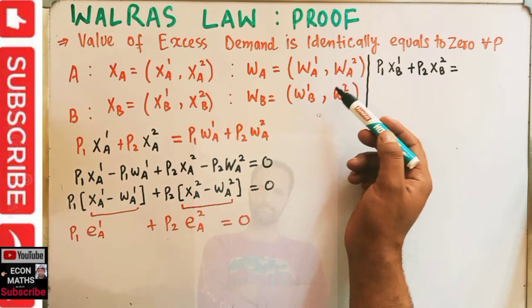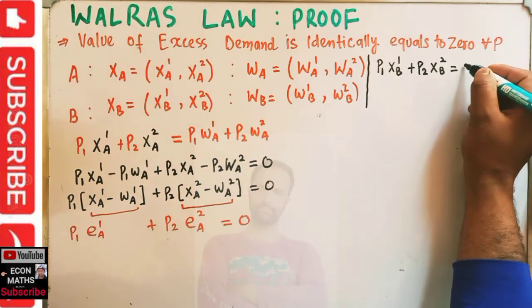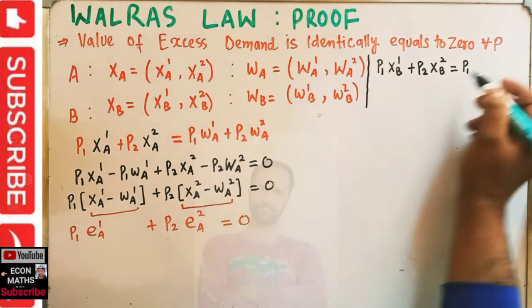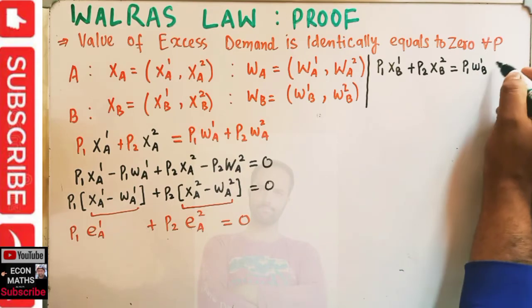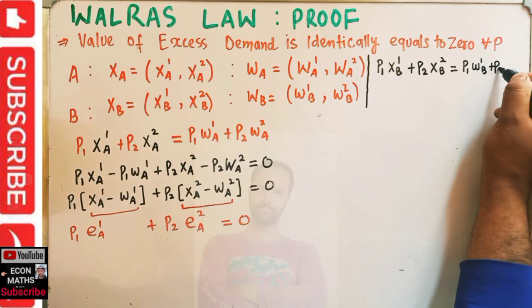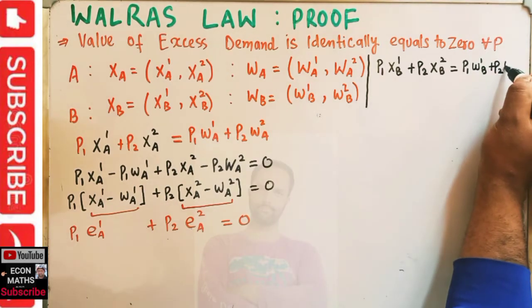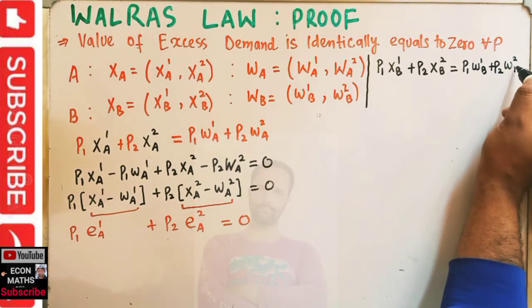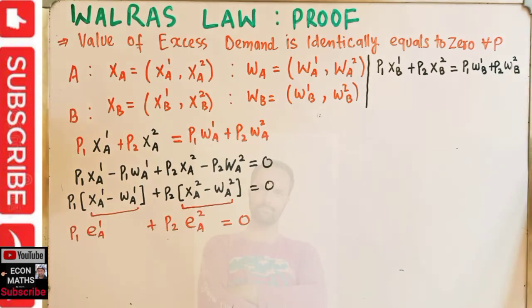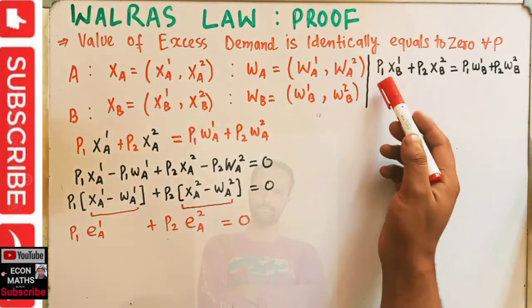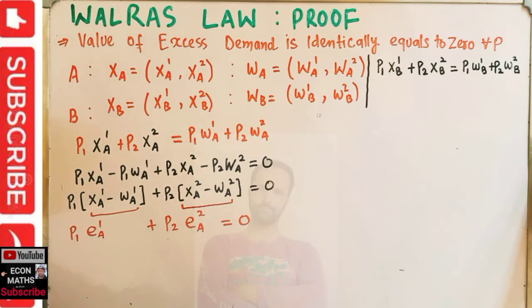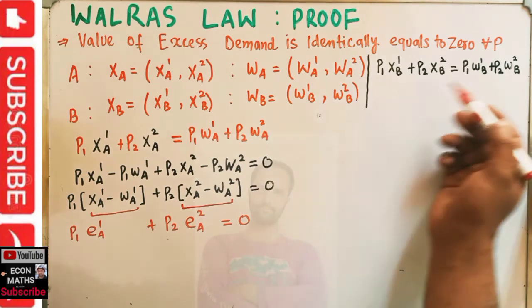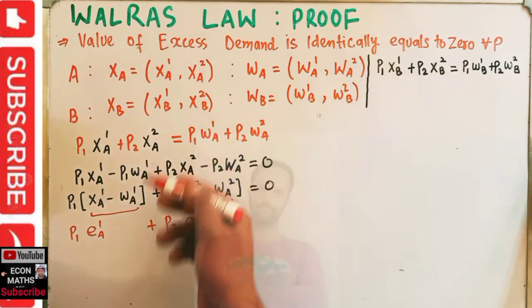His initial endowment and its prices when we multiply. So this is P1 times the initial endowment of good 1 person B is having, plus P2, the initial endowment of good 2 person B is having. This is the budget constraint. This shows the value of his endowment, and this shows the expenditure of the consumer on good 1 and good 2. Okay, writing it in this fashion as I have derived it here.